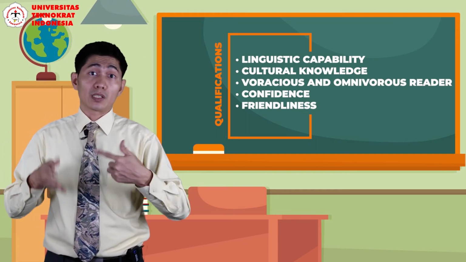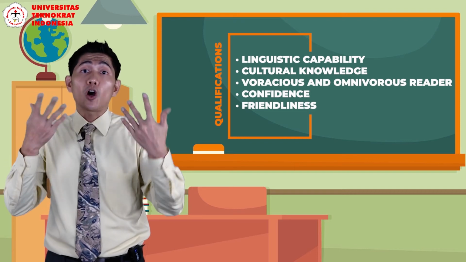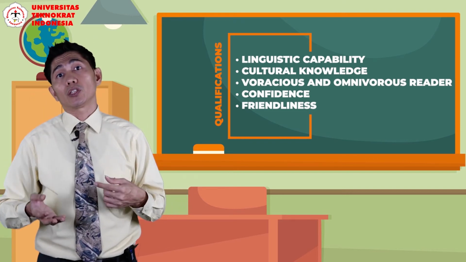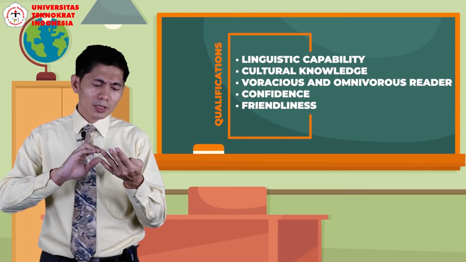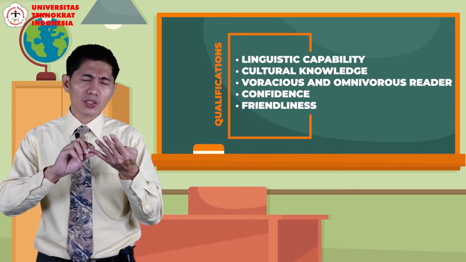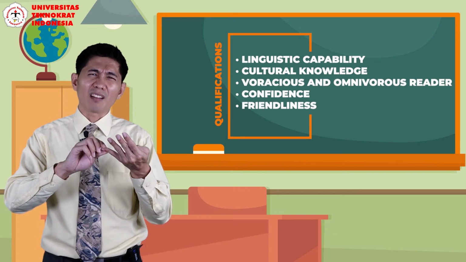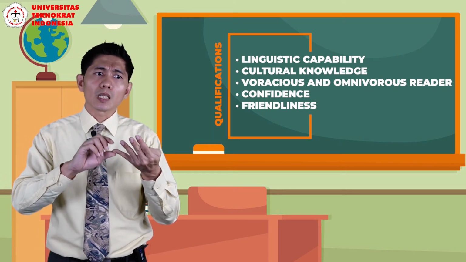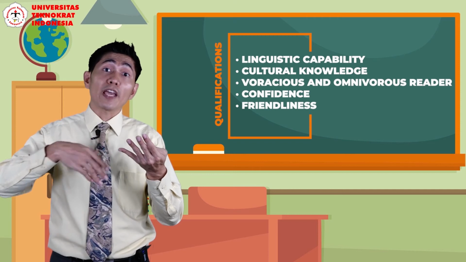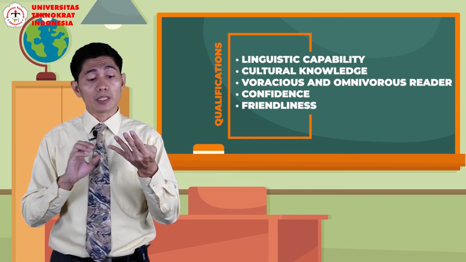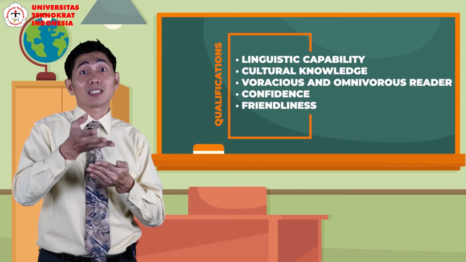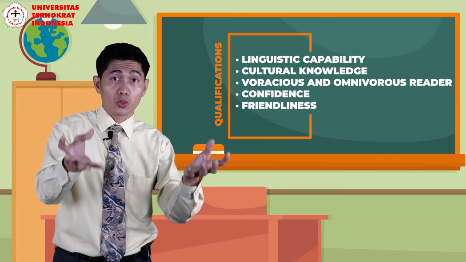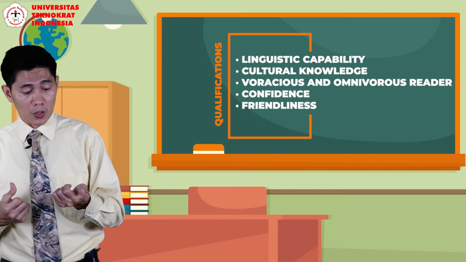So public speaking skills in which you maintain eye contact and gestures. And then confidence, I've mentioned confidence. You have to be convincing in conveying the messages said by the speaker. And then you have to be friendly. So it's friendliness, friendly to the people and to the speaker and so on.